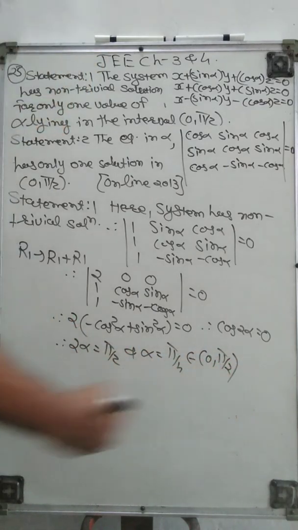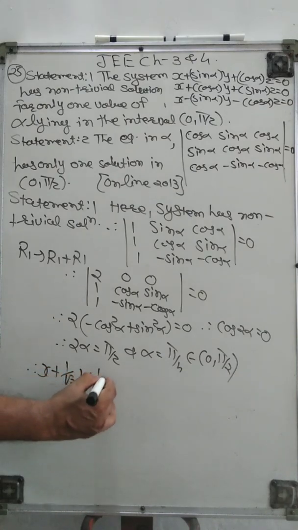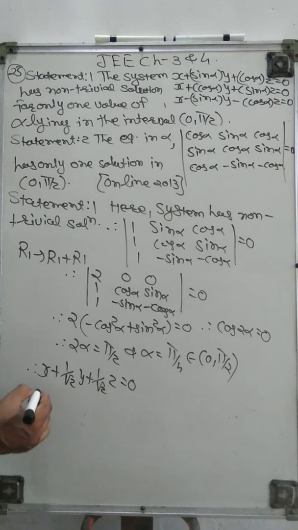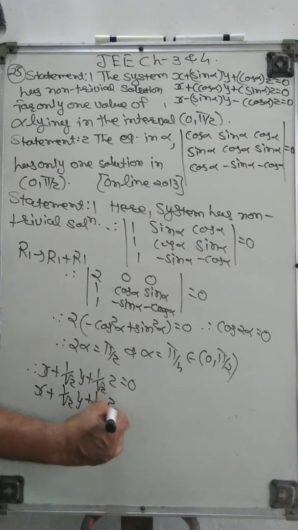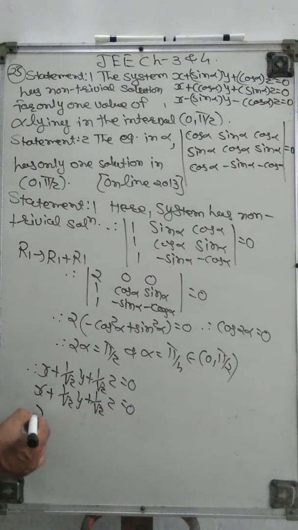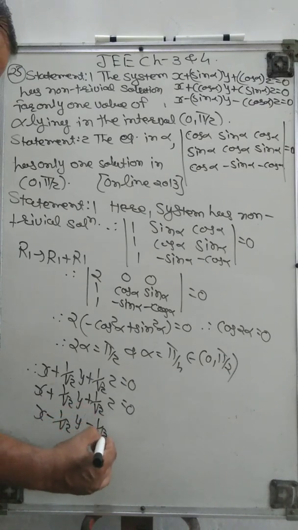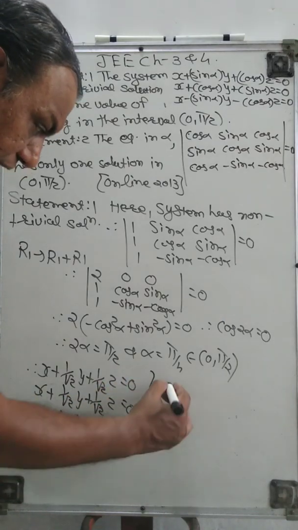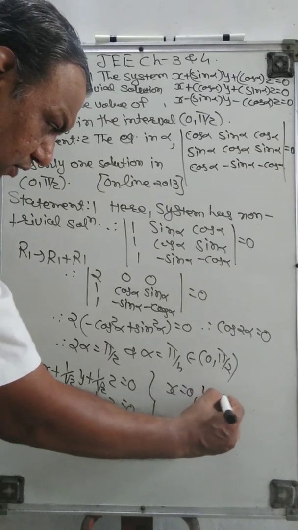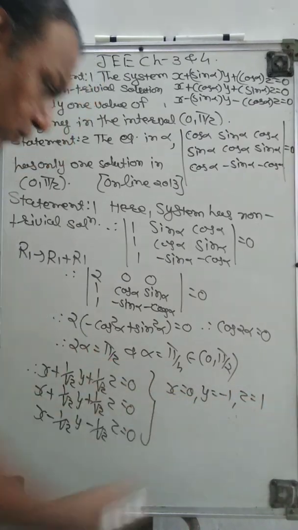But when you put the value in the equation, you have x plus 1 upon root 2 y plus 1 upon root 2 z equal to 0, x plus 1 upon root 2 y plus 1 upon root 2 z equal to 0, and x minus 1 upon root 2 y minus 1 upon root 2 z equal to 0. When you solve these equations, you get x is 0, y is minus 1 and z is 1.